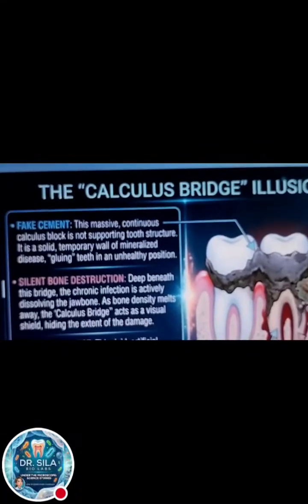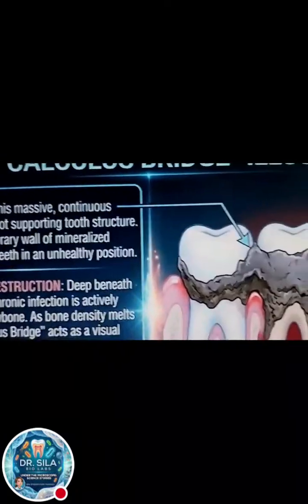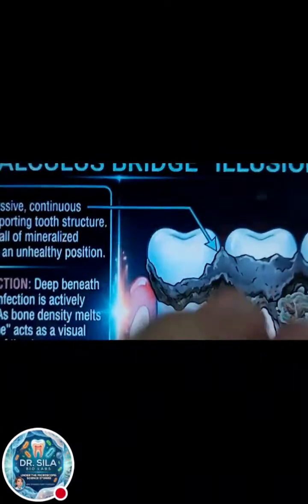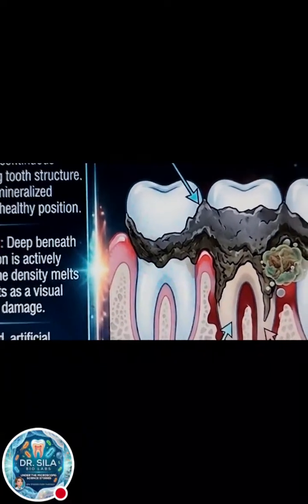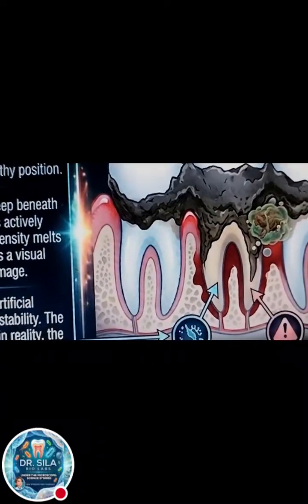This bridge erosion. This is a massive continuous calculus block, not supporting the tooth structure, of course. A solid temporary wall of mineralized growth holding teeth in an unhealthy position. Silent bone destruction deep beneath the bridge is a chronic infection actively dissolving your jawbone.